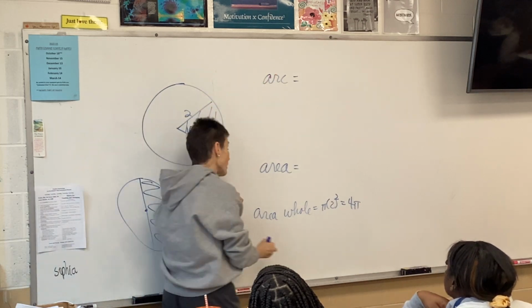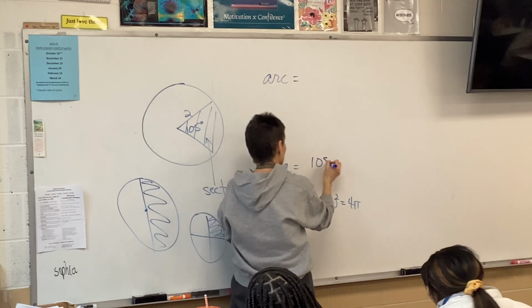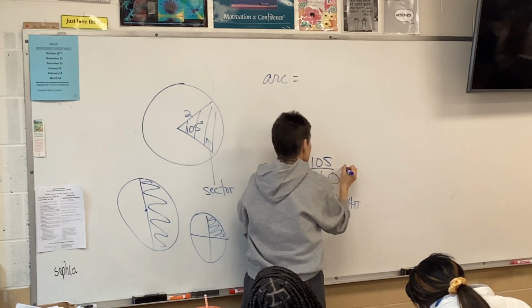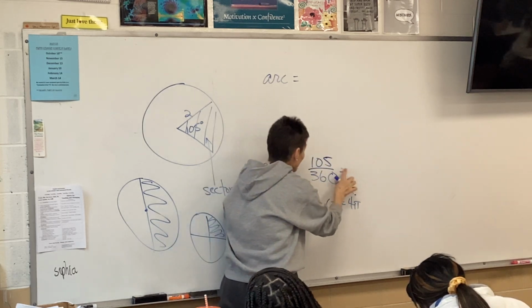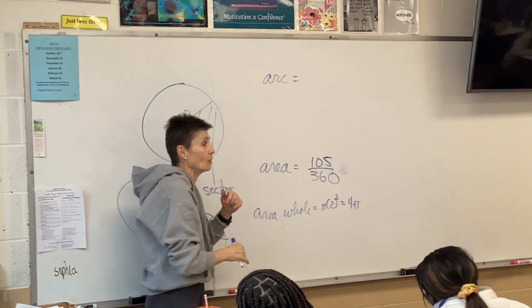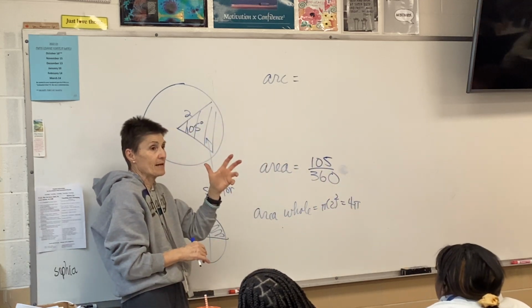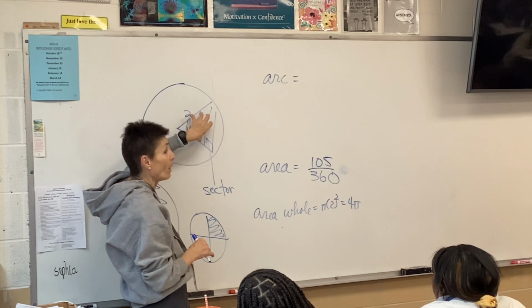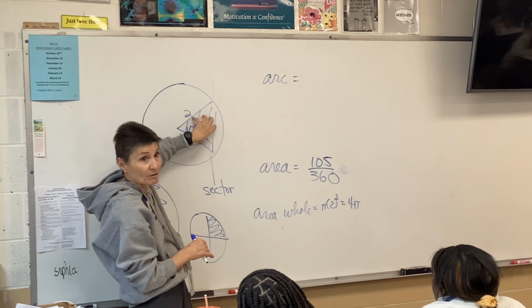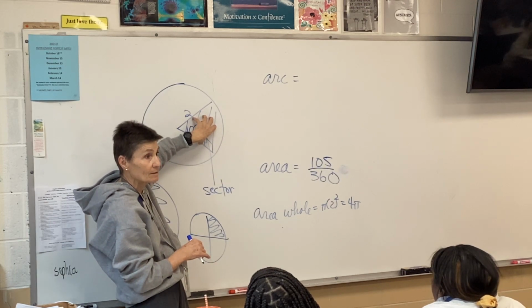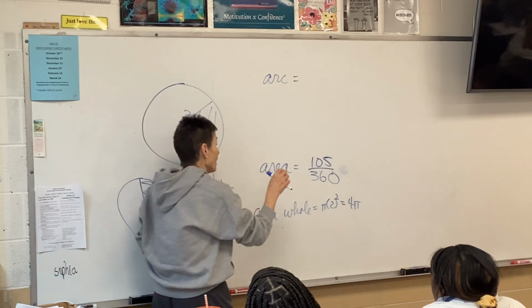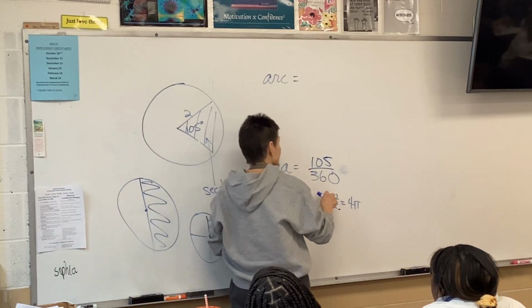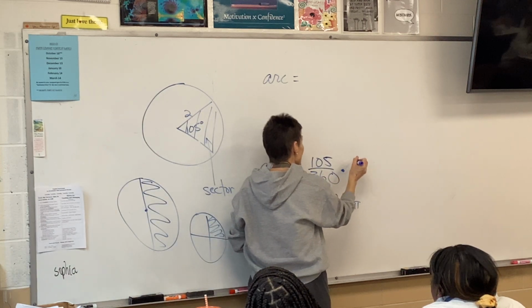Yes, 105/360. The entire circle is 360. I only want 105 degrees of that 360. So I want 105/360 of 4 pi.